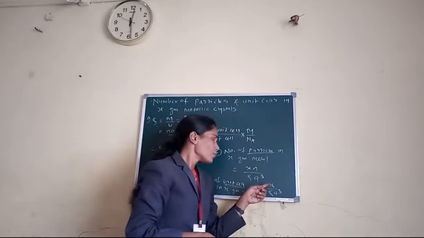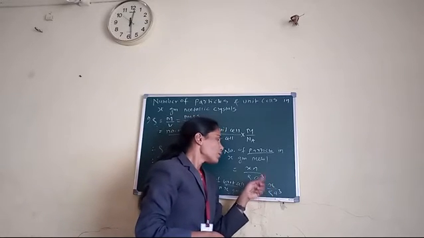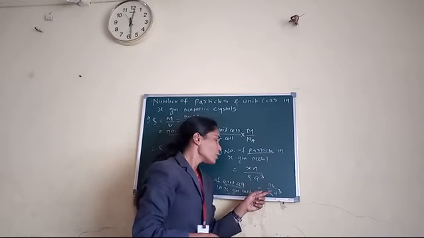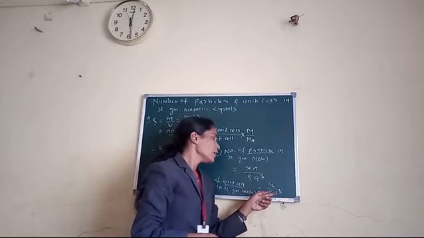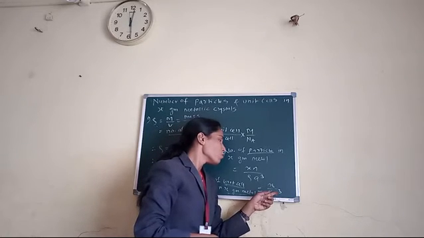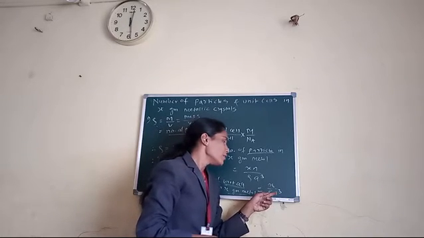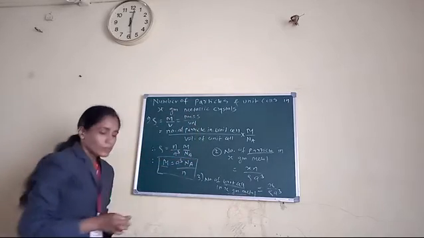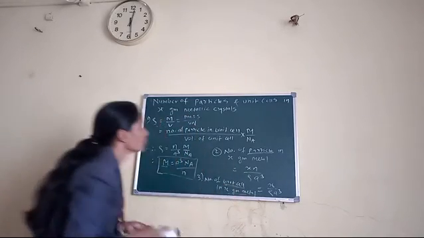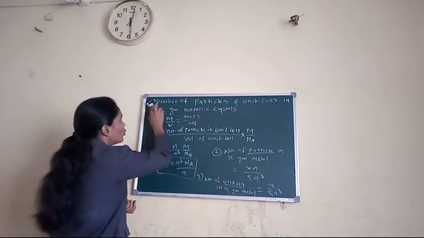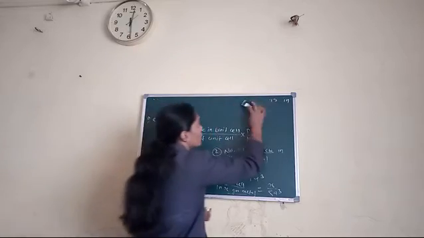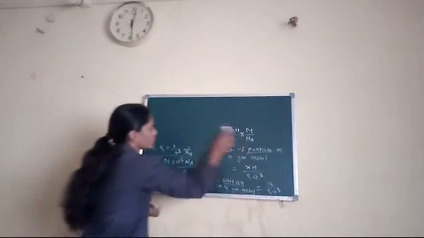X means the mass of the metal, rho is the density, and a cube means the volume of the cube. Now the numerical on the basis of these formulas.